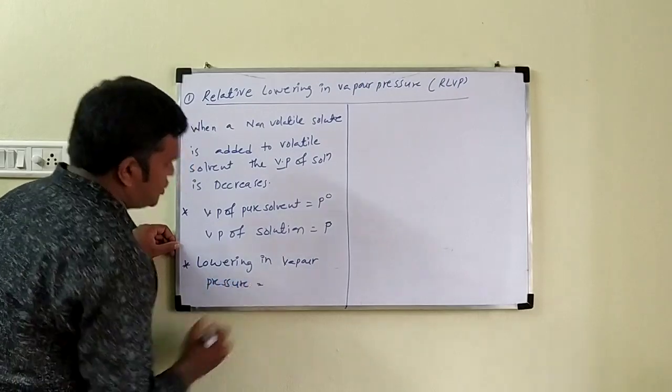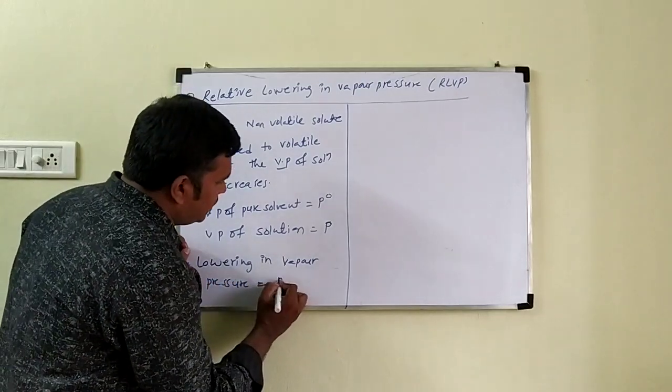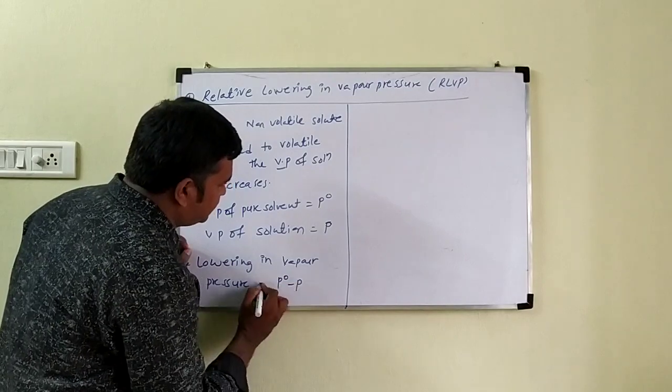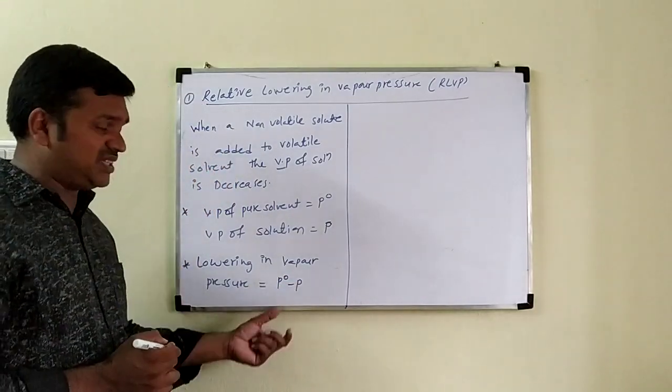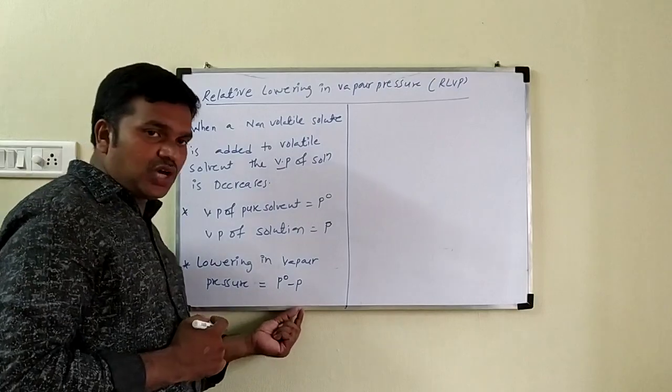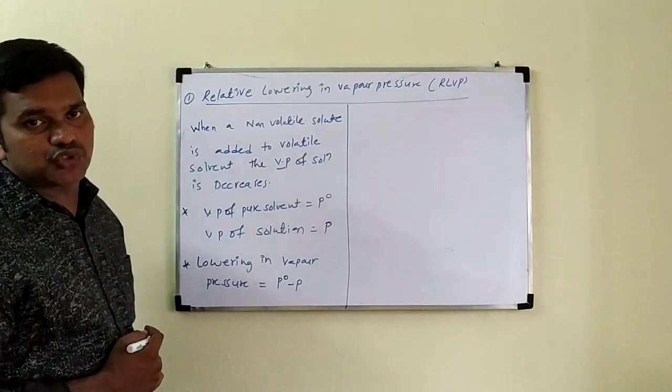Lowering in vapor pressure is equal to P naught minus P.